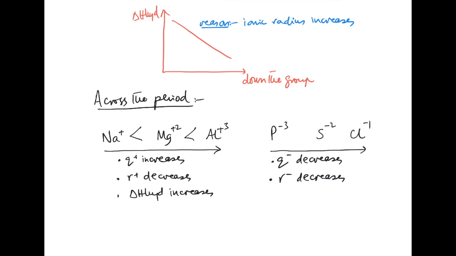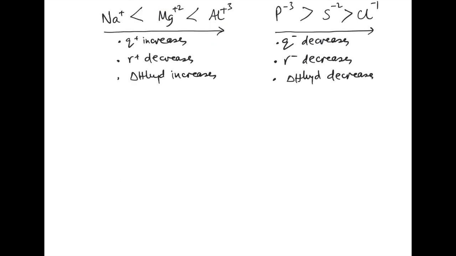So when these two factors are contradictory, you follow charge. So enthalpy of hydration actually decreases because charge decreases. The sign should look like this. So now we know how the enthalpy of hydration varies across the period and down the group.